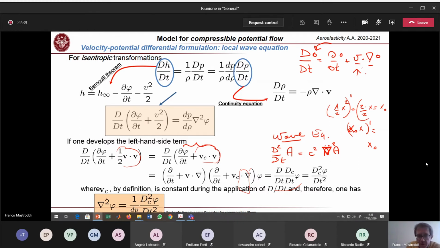And therefore, substituting this quantity with this quantity, which is the same, you have in practice this structure for the velocity potential, and therefore you have a wave equation, but in a moving frame of reference with a constant value of the particle velocity.